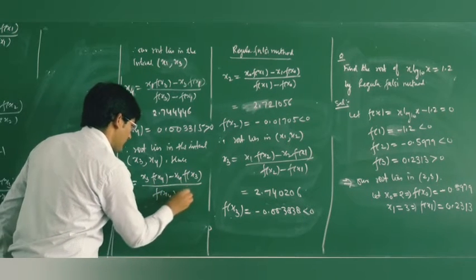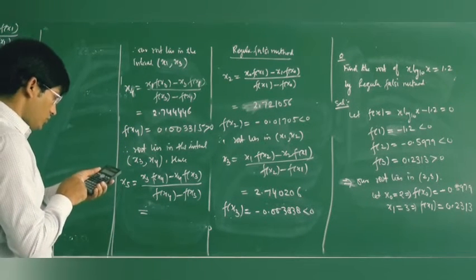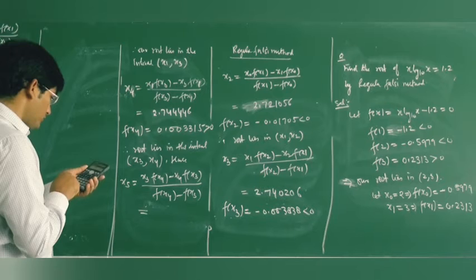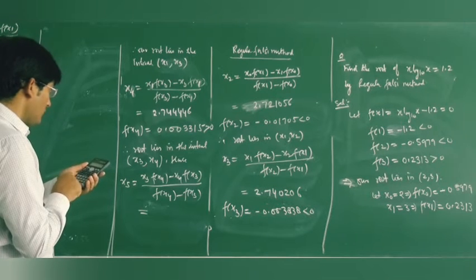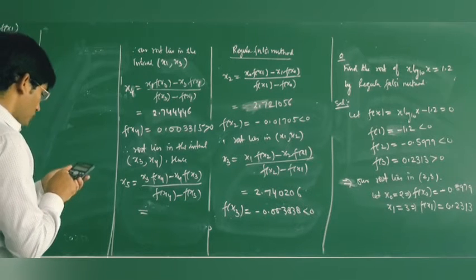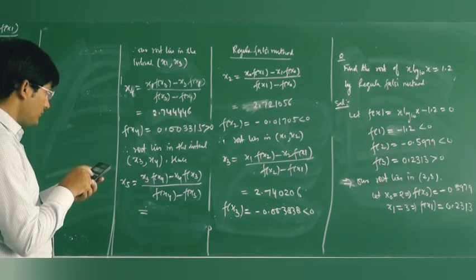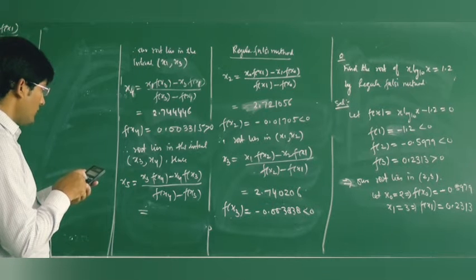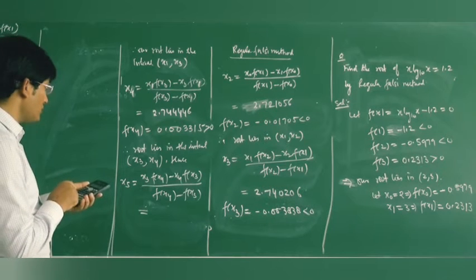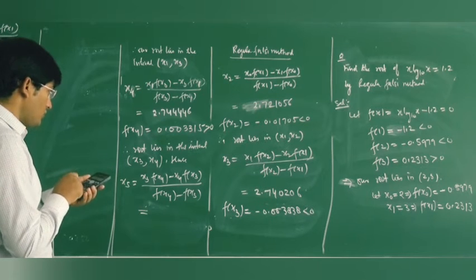And this is equal to, now your x3 is equal to 2.740206 into f of x4, which is 0.003315, then minus x4, which is your 2.744446 into f of x3.